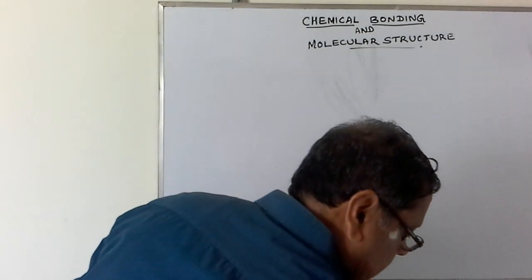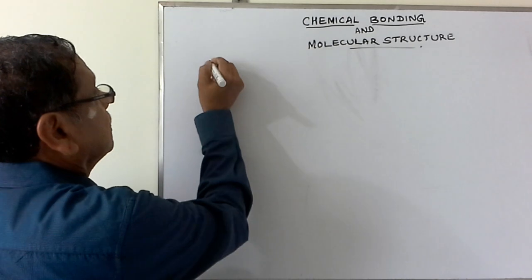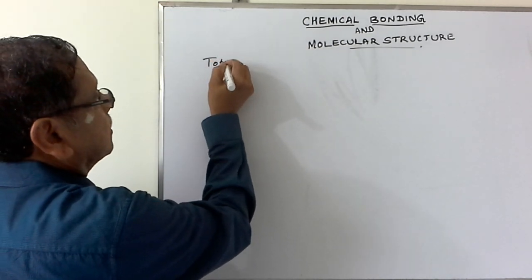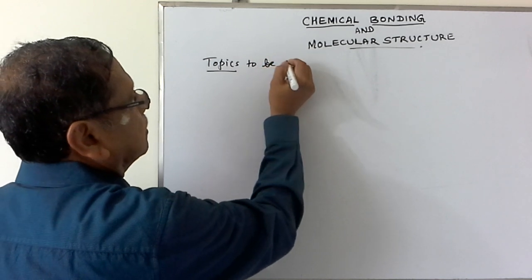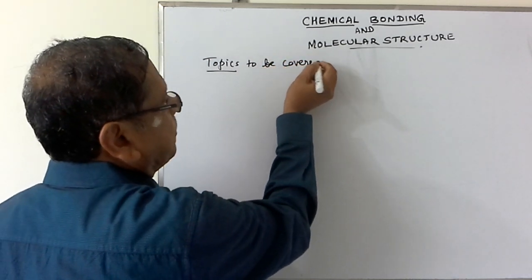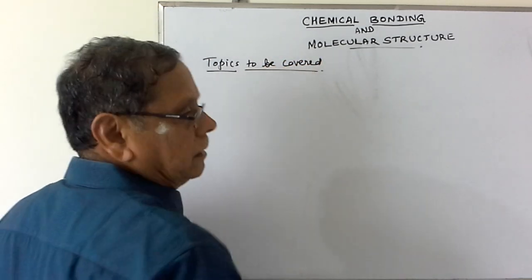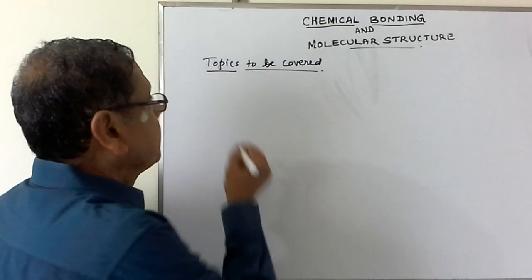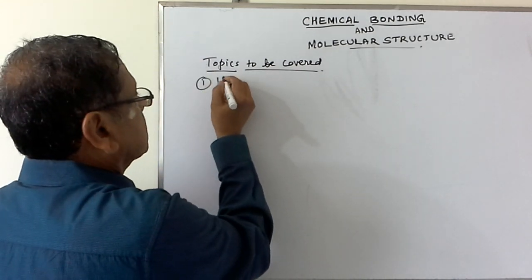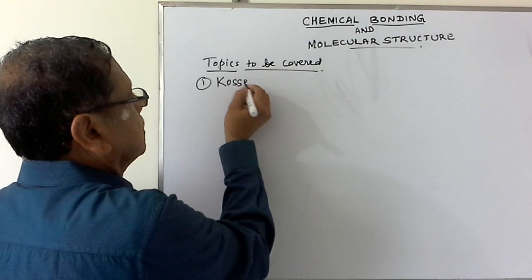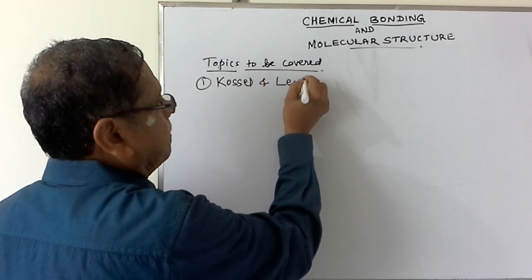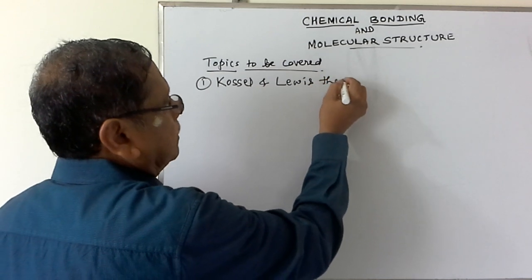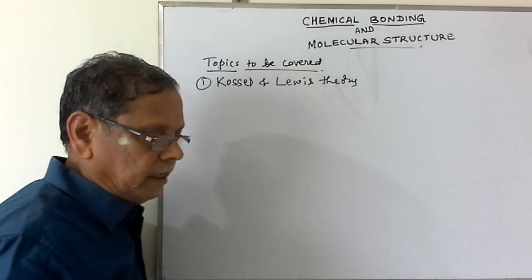So these are the various concepts that we will consider in this chapter, and based on which we may expect so many questions in the topic. The first one is Kossel and Lewis theory.